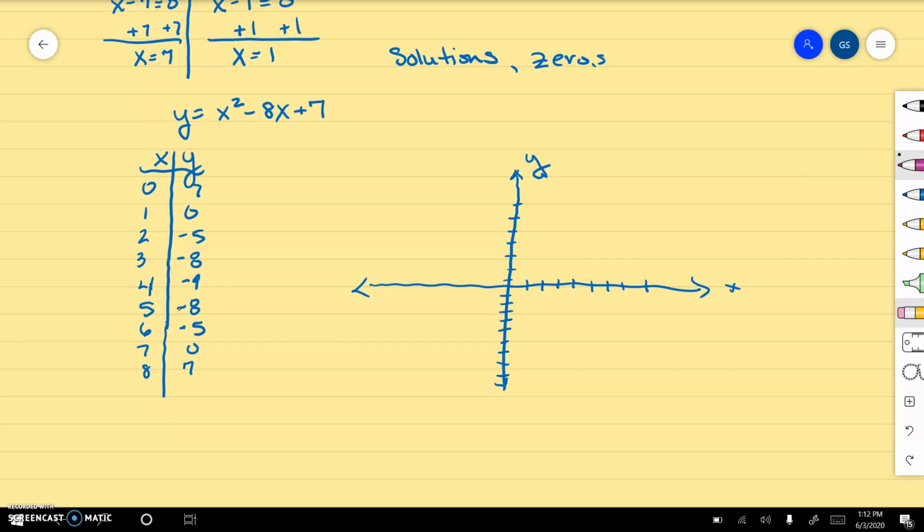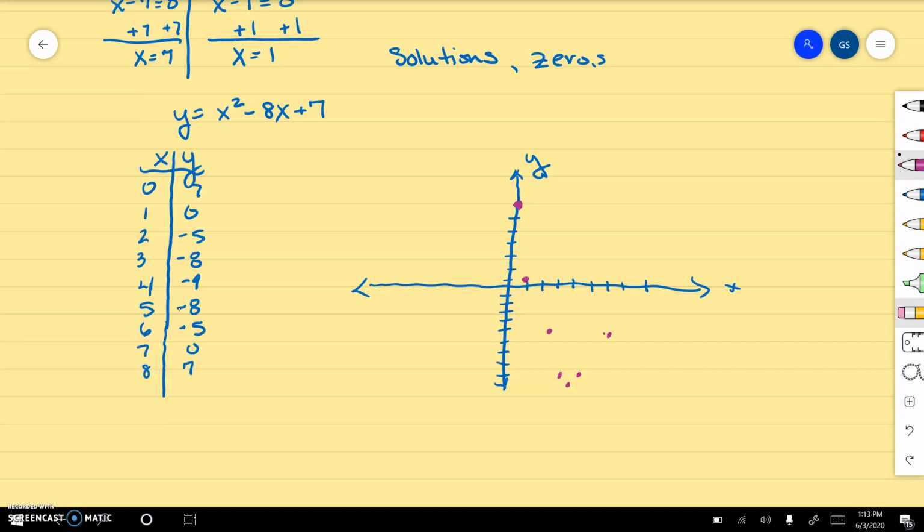Sketch. So 0, 7. 1, 0. 2, -5, around there. 3, -8. 4, -9. 5, -8. 6, -5. 7, 0.